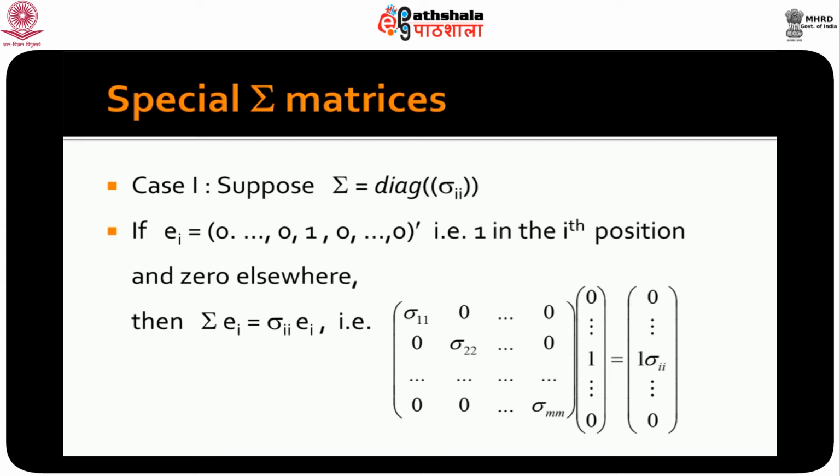Now notice that the vector ei, which is the unit vector, is a vector with zeros everywhere except in the ith position, which has a 1. If we use this, then we have the relationship that sigma ei is equal to sigma ii ei, because from the matrix sigma, ei would pick up the ith element, which is sigma ii, and we can write it as ei, which is 0 0 1 0 0, times the scalar sigma ii.